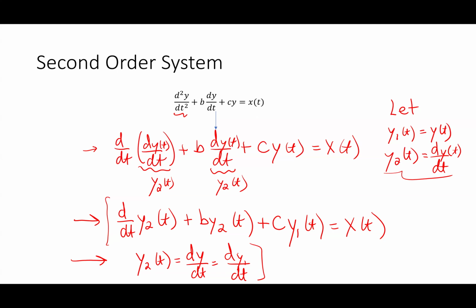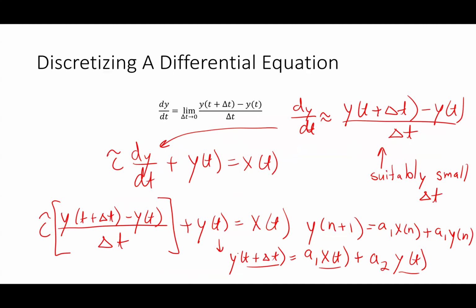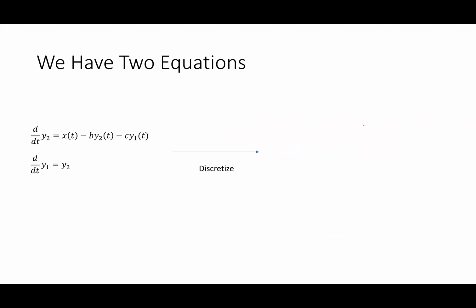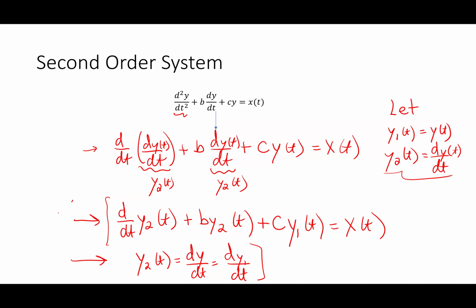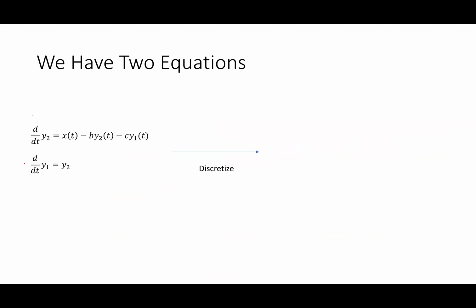I'm going to go slow to make sure it makes sense what I did. I use basically that assumption, so I go back to the definition of the derivative. I make the assumption that delta t is suitably small that I can just replace the derivatives with this. Now, I'm not going to do the derivation because I'm going to lose you guys in this, but all I did here was I took these two equations right here, and I rearranged them to look like this.